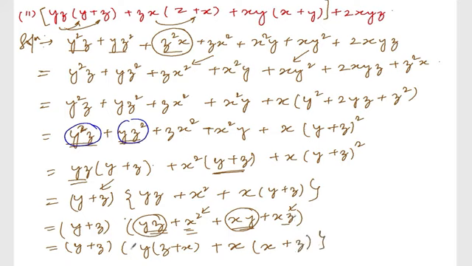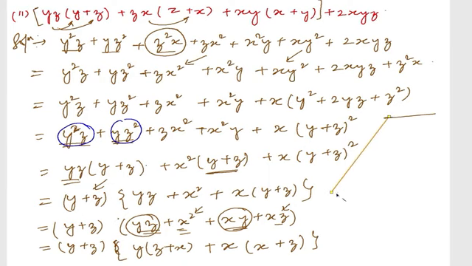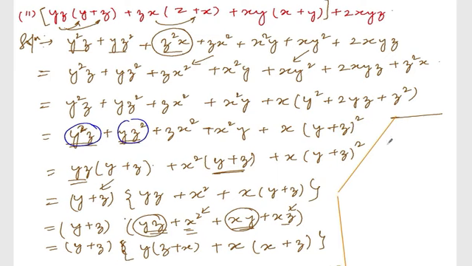So let me put a second bracket here. I can take the next page, but let me just write it down. So finally this one is y plus z, and from these two, z plus x is x plus z.